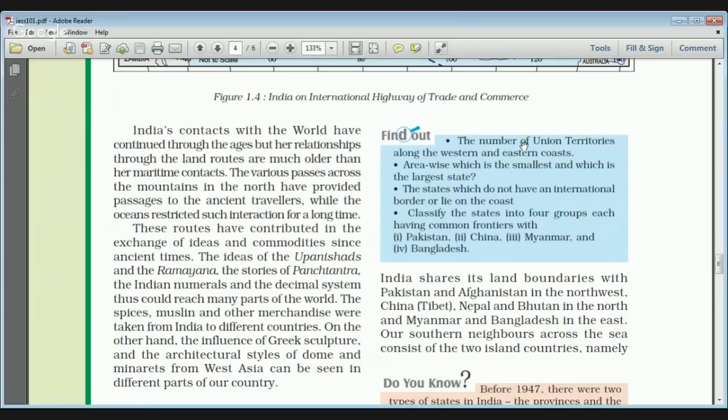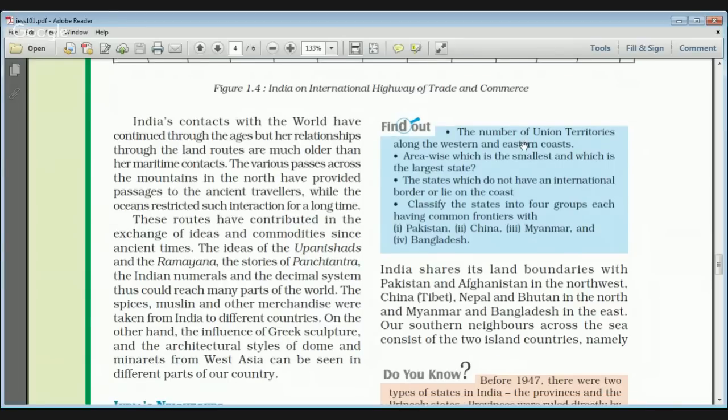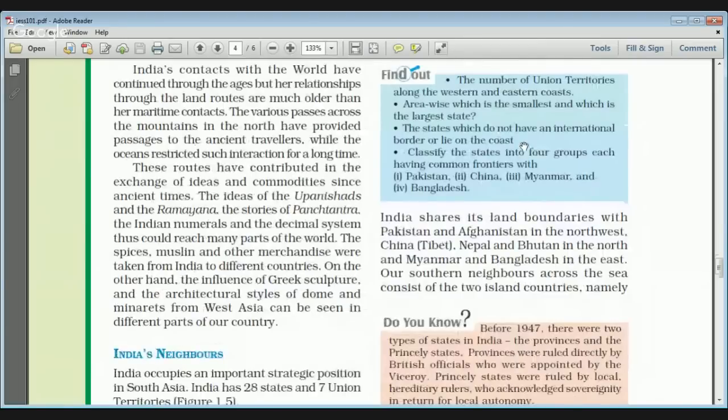The various passes across the mountains in the north have provided passage to various ancient travelers, while the ocean restricted such interaction for a long time because of the non-development of shipping and modern ships. So the land route was much older than the maritime routes, and these routes have contributed to the exchange of ideas and commodities, and to the trade relations of India with the world.